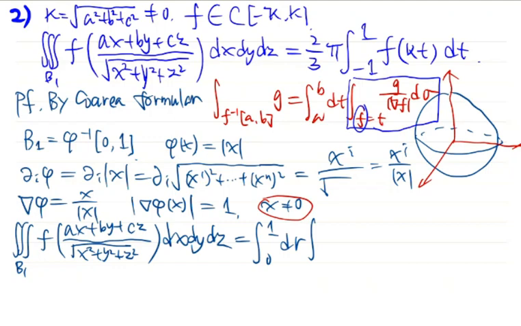Therefore, we need to replace the f in the Euler formula by this phi, and the norm of the gradient of phi is 1.